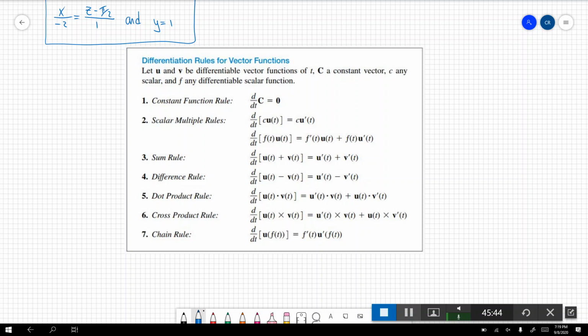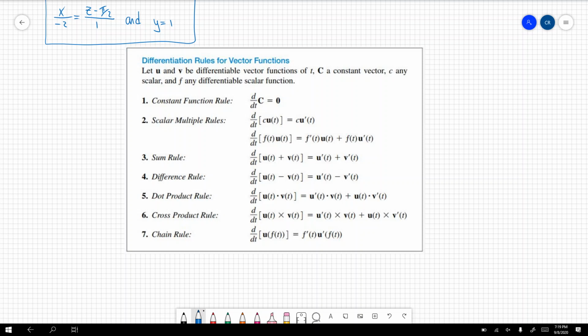All right, and here finally we have these rules for differentiation of these vector functions. And again, we are going to go through these when we start taking derivatives of these vector valued functions.